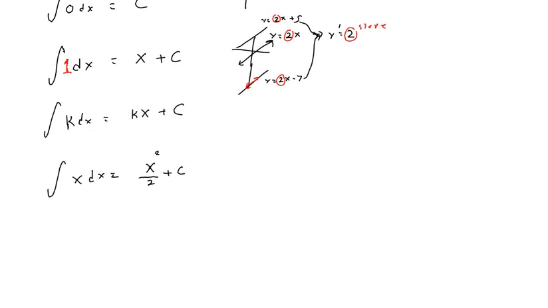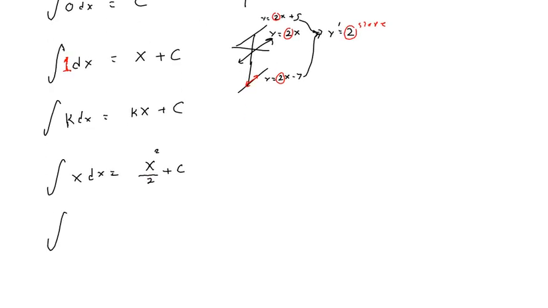And so the general rule is, if I have x to the power of n dx, it's going to be x to the n plus 1 over n plus 1 plus c. And this is my power rule for integrals.